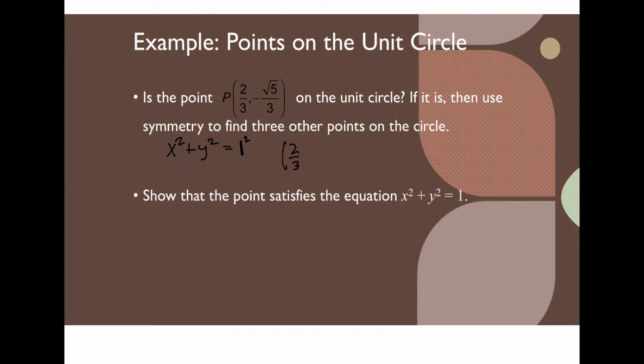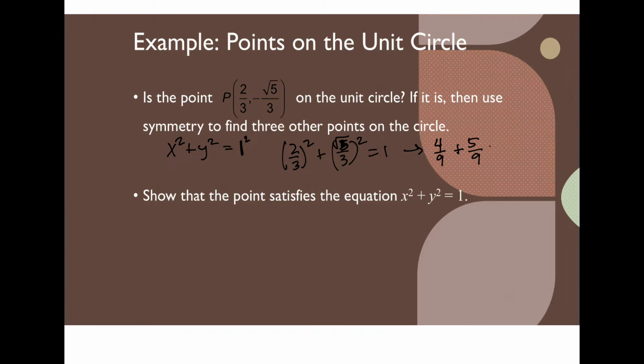So I'll want to take the x value, square it, plus the y value squared, equal to 1. So this gives me 4/9 plus 5/9. The square root of 5 squared is just 5, and 3 squared is 9.